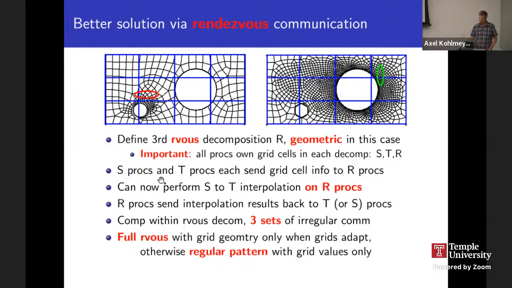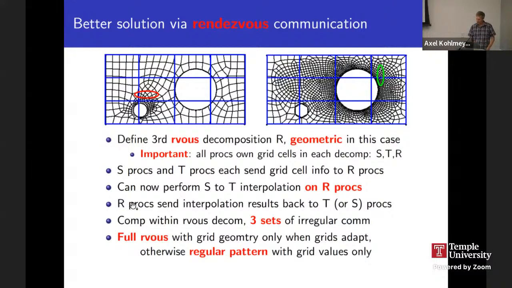Now the rendezvous processors can perform the stress to temperature or temperature to stress interpolation, because they have a group of grid cells that overlap each other. They can figure out which corner points are near which corner points. That uses the grid geometry and both the grid values, the stresses or the temperatures, to interpolate points on the other grid.